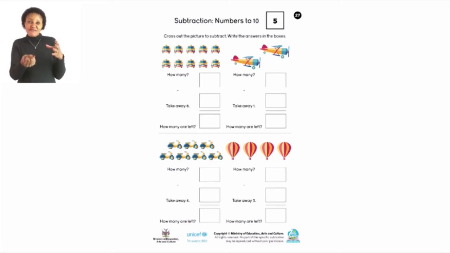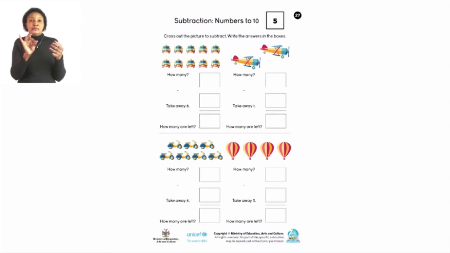Now let's go back to our pictures. The taxis. How many taxis are there? Let's count the taxis together. 1, 2, 3, 4, 5, 6, 7, 8, 9, 10 taxis. There are 10 taxis. Now in the first block that is open, write number 10. Now it says take away 8.